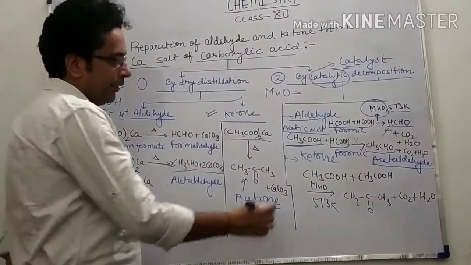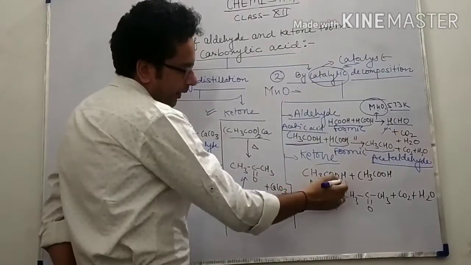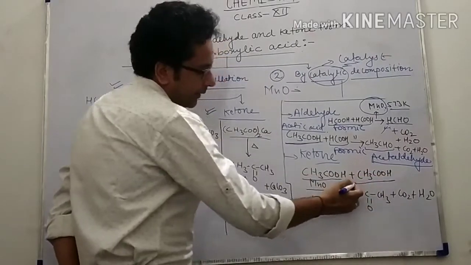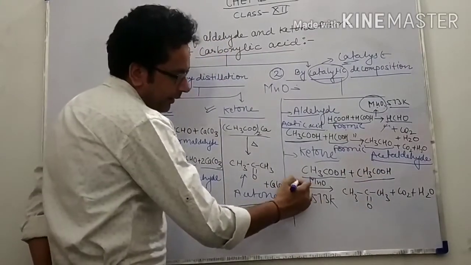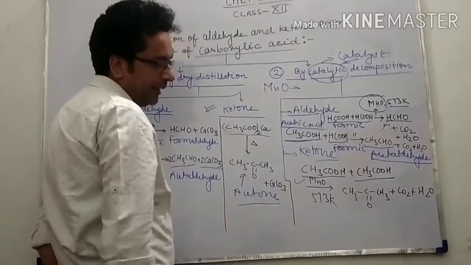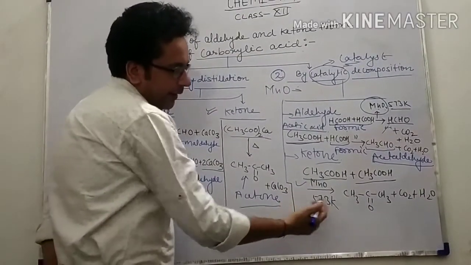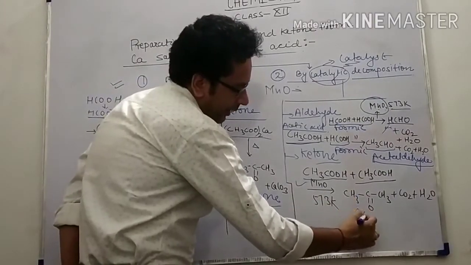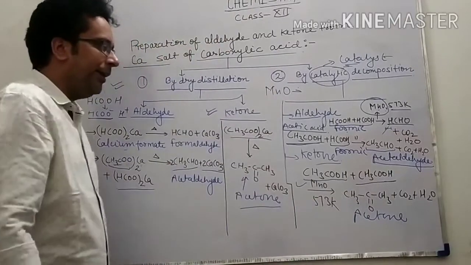Now for ketone, we take two molecules of acetic acid. Look here, acetic acid and this one is acetic acid. Both react to each other in the presence of catalyst MnO, that is manganese oxide, at temperature 573 Kelvin. There is formation of acetone along with carbon dioxide and water.